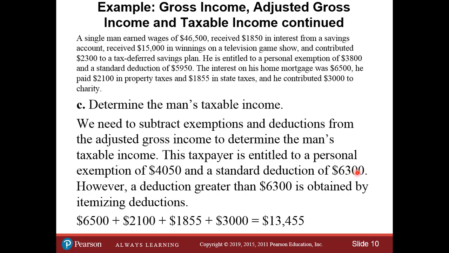Oh, hold on a second, something's not right. No, this is wrong. This is a typo. His personal exemption is $3,800. That should be $3,800.